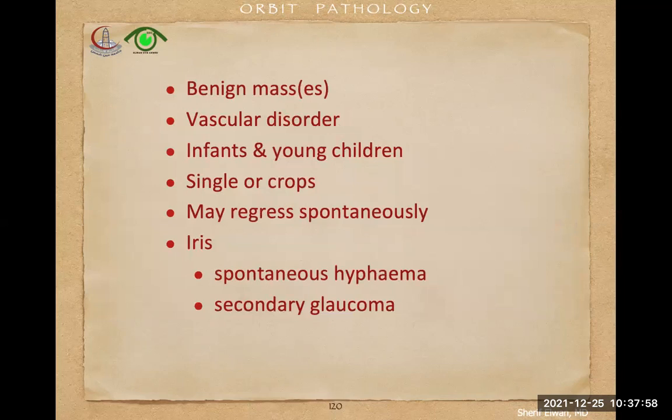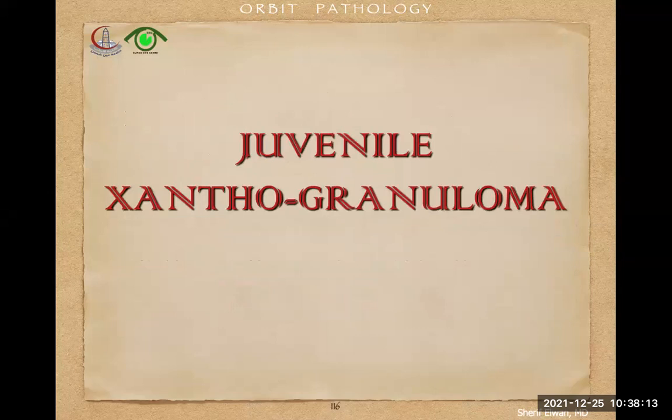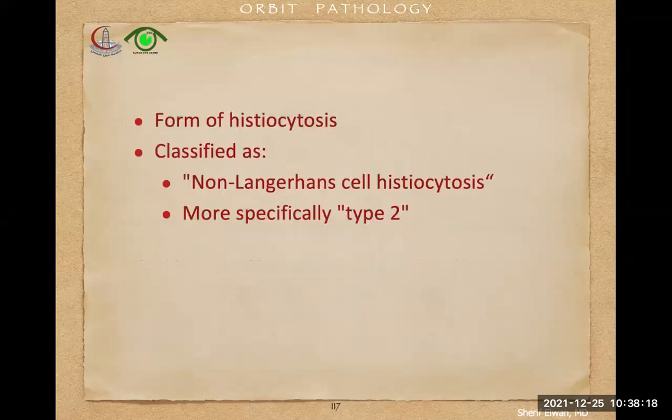Benign masses with vascular disorder occurring in infants and young children, singly or in groups, may regress spontaneously, may cause spontaneous hyphema or secondary glaucoma. So they are benign masses. Again, we are speaking about juvenile xanthogranuloma.